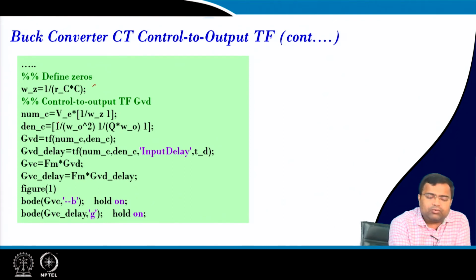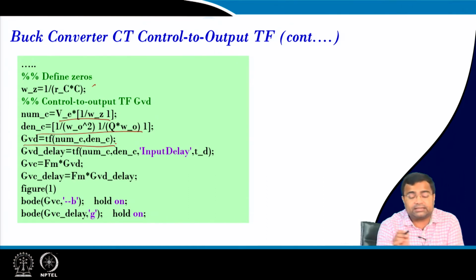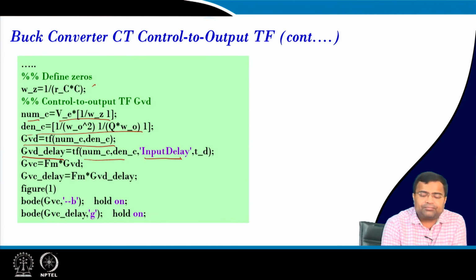The numerator, if we follow the transfer function, will be this, the denominator will be this, and GVD will be this. This is the continuous time control to output transfer function without delay, and the delayed version will be the same transfer function, that means the polynomial numerator and denominator, with an input delay which is Td, and Tau d is Ts plus dt.